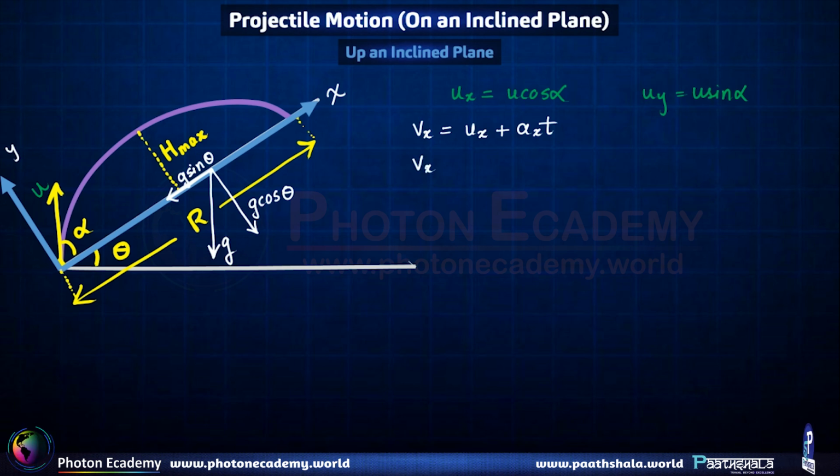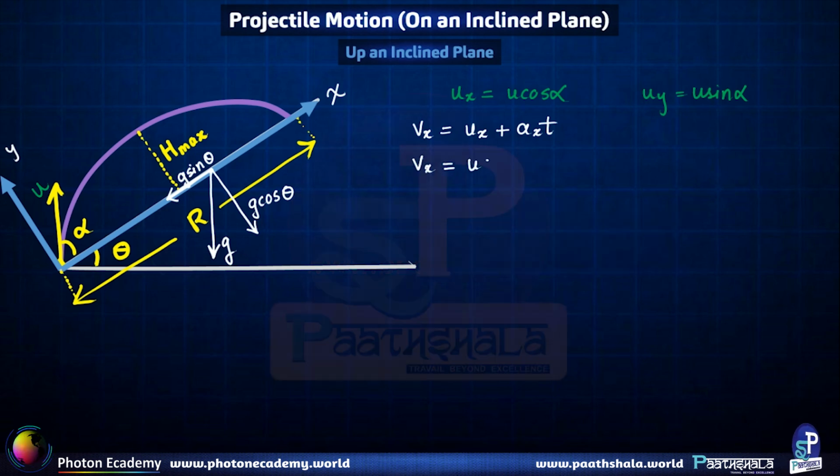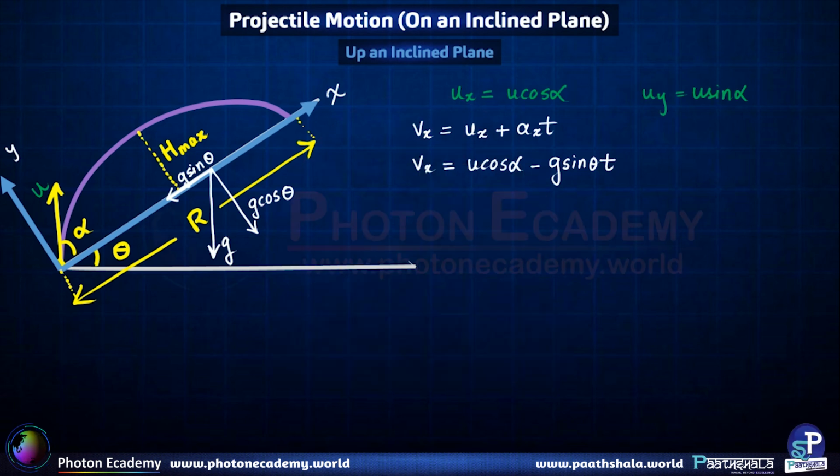Therefore Vx will be given as U cos alpha, which is the initial velocity in the x direction, minus g sin theta t, because Ax, acceleration in the x direction, happens to be equal to minus g sin theta. Why minus? Because x direction is pointing in this direction and g sin theta is pointing opposite to the x direction. That's the reason for the minus sign.